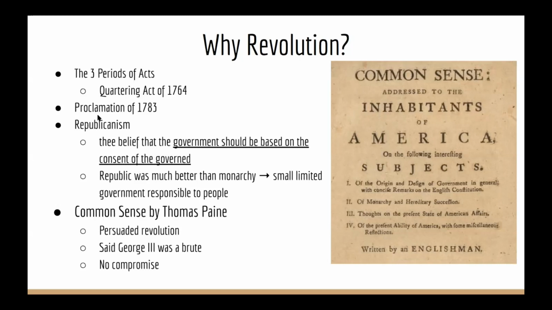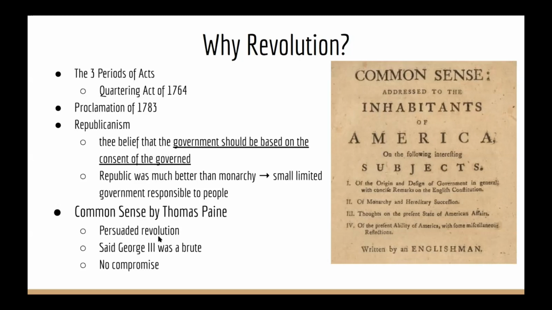And we also have a book published by Thomas Paine called Common Sense, and this book was really key in motivating colonists to actually support the revolution. It persuaded revolution, and it also said that King George III was a big brute. It said he was very tyrannical, he was crazy, he didn't have to do this, he was exercising powers that he shouldn't have.